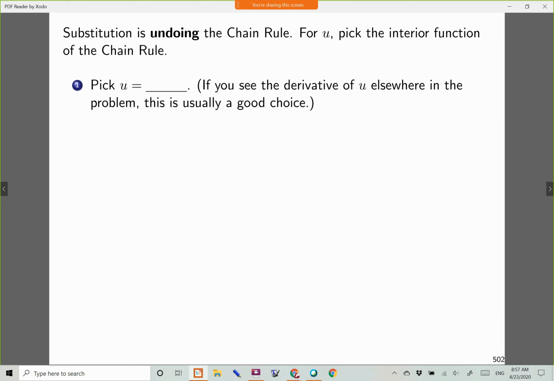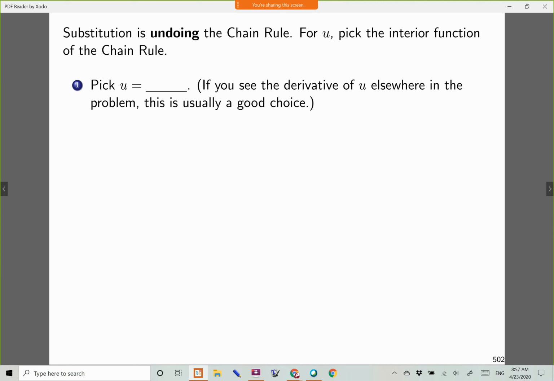And then this slide is a copy, so just a reminder that what's going on with substitution is we're undoing the chain rule. So substitution is about, you have this integral, in other words, this antiderivative problem, derivative of what is what was presented, and if the thing that had to have been differentiated was differentiated using the chain rule, we're trying to figure out what the inside function was, and so we're trying to pick what u is.